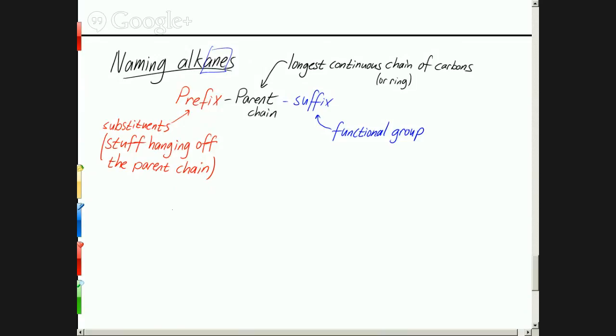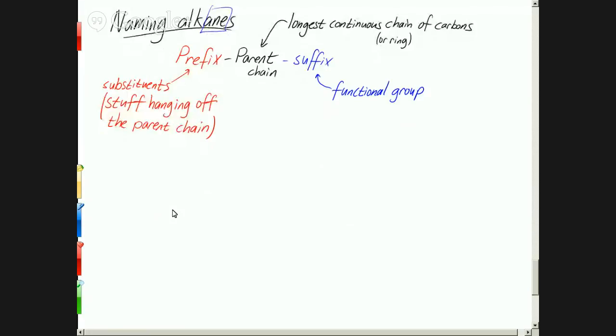So the beginning of the name is going to be all the parts that are just hanging off of that chain. We've got our main chain that ends in ane, and then all the stuff hanging off of it. So we're going to look at these molecules and find their names based on this. But to do that, we need to know a few basic starting names. So we can do that here. We'll make ourselves a little table.